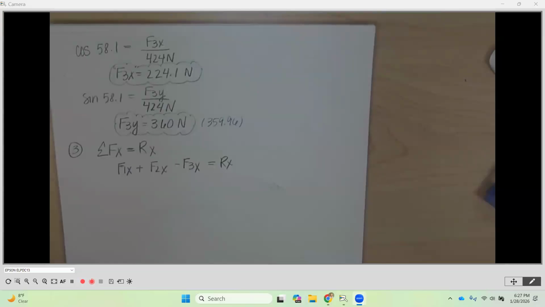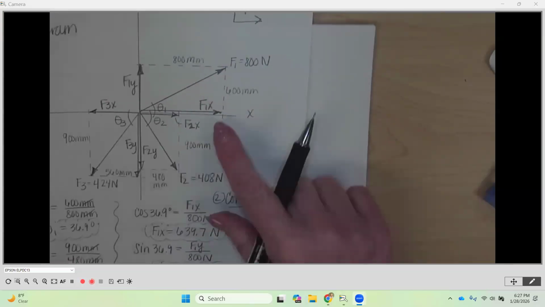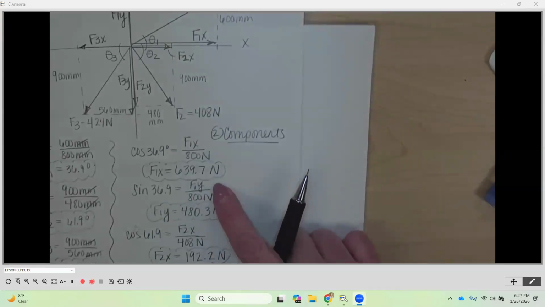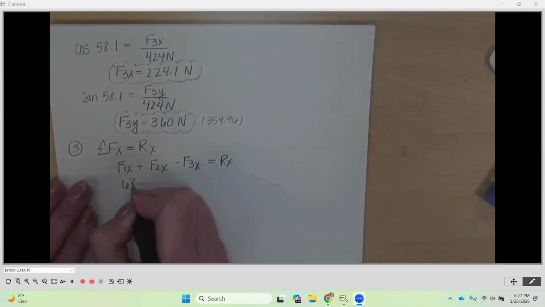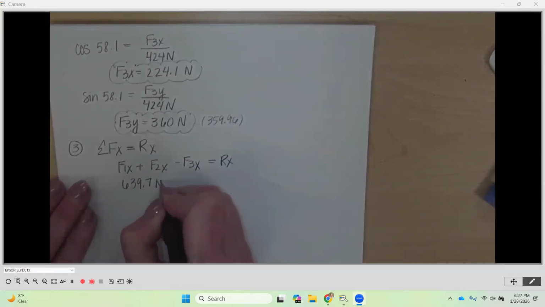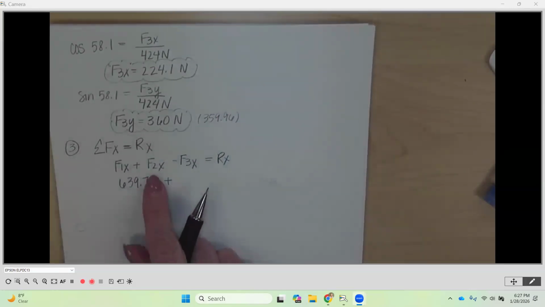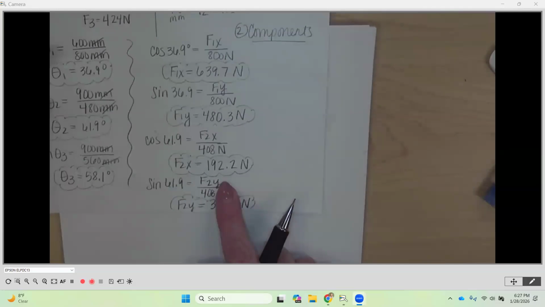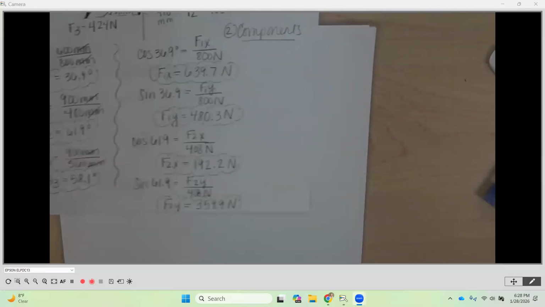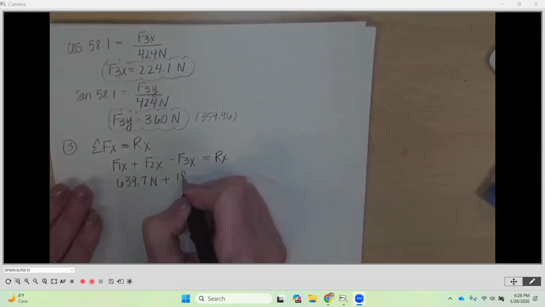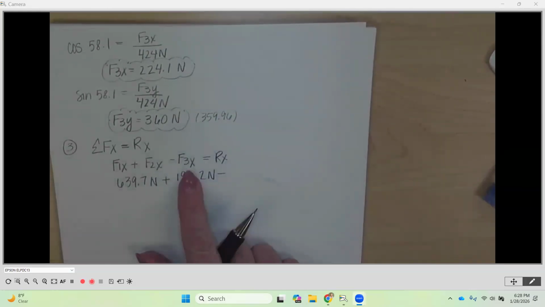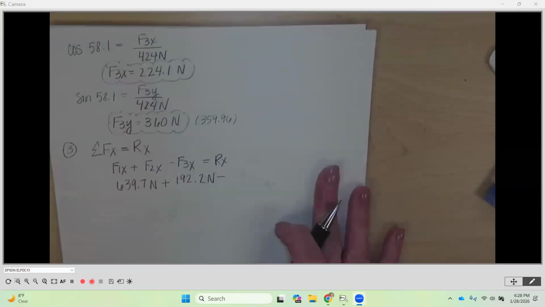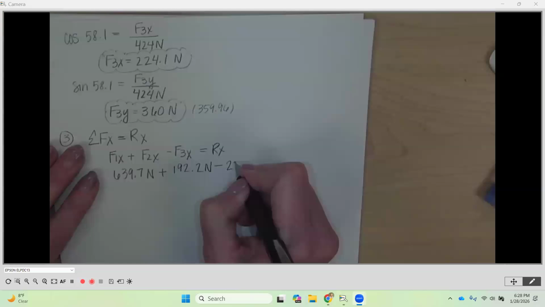And now we're going to put our numbers in. F1X, its magnitude is 639.7 newtons, plus F2X, mine is down here, 192.2 newtons, minus F3X, which is at the top here, 224.1 newtons.